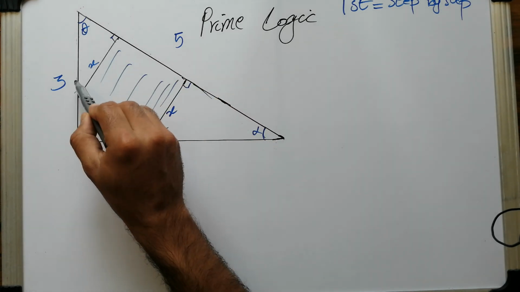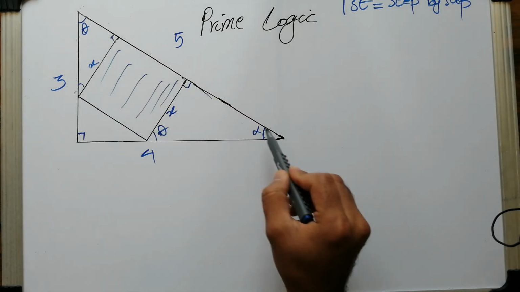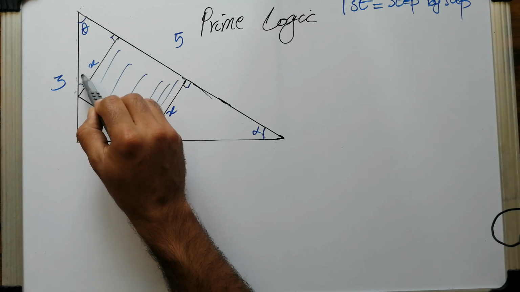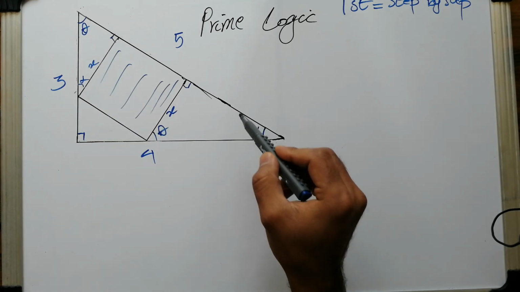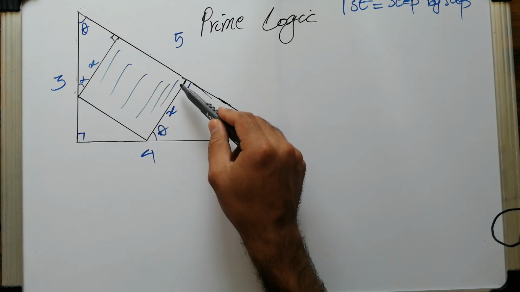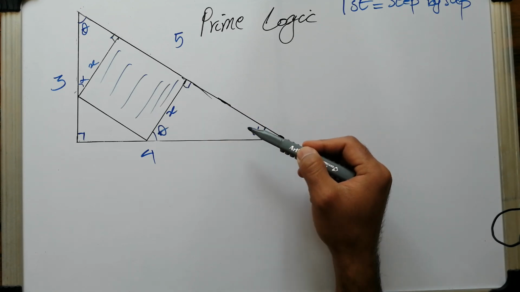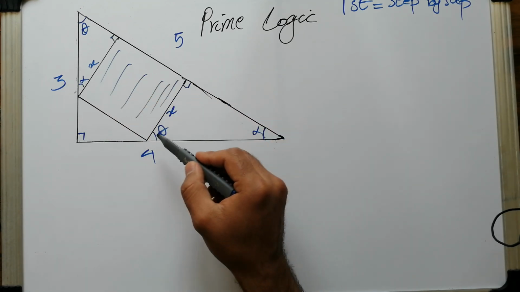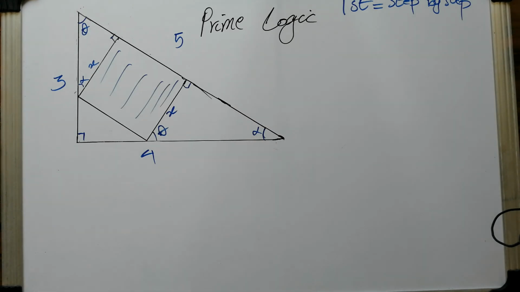So the third one must also be similar, with this angle being alpha. And the same goes with this triangle as well: it has a right angle and alpha, so this angle must be theta.